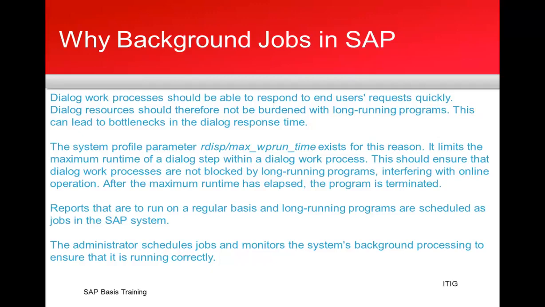Reports that are to run on a regular basis and long running programs can be scheduled in the SAP system as jobs. The administrator schedules jobs and monitors the system's background processing to ensure that it is running correctly.